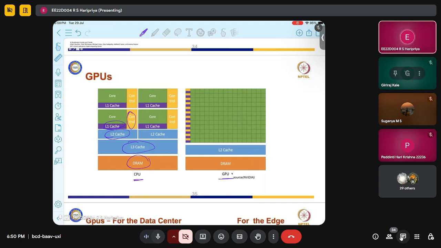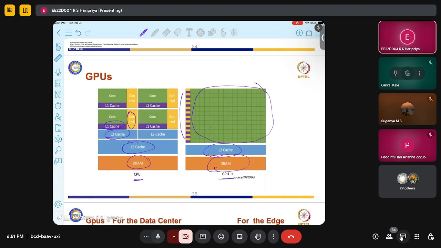A GPU has huge, massive parallel processing cores, and they have their own control and cache. Then we have an L2 cache, and then we have a dynamic RAM.